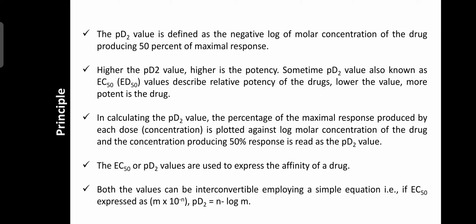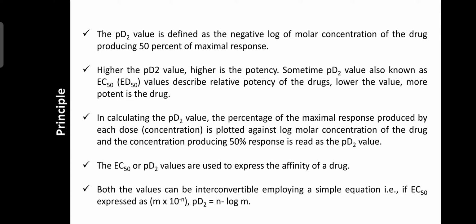Sometimes PD2 value is also known as EC50 or ED50 value, describing relative potency of the drugs. Lower the value, more potent is the drug. EC50 means effective concentration in 50% and ED50 means effective dose in 50%.